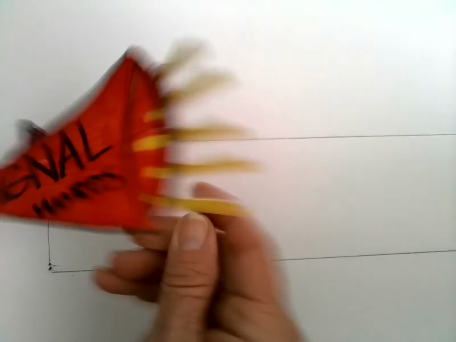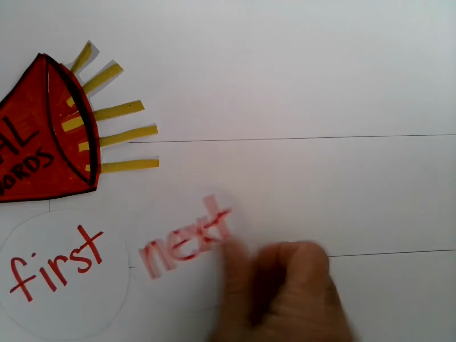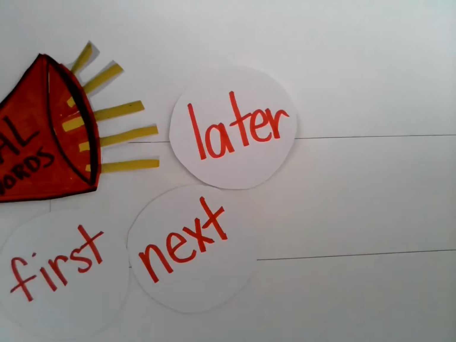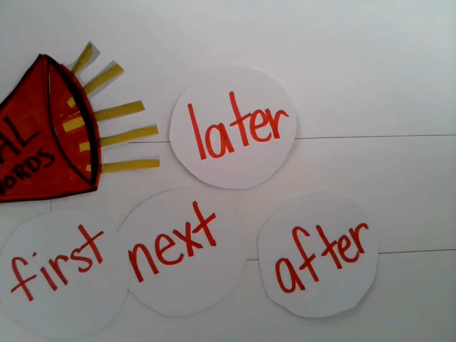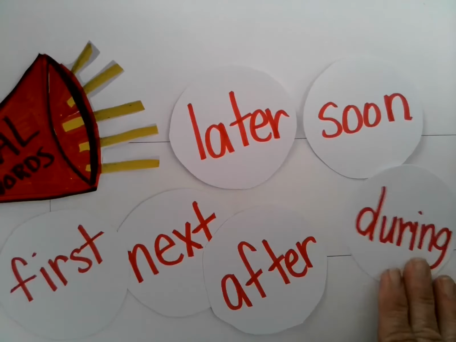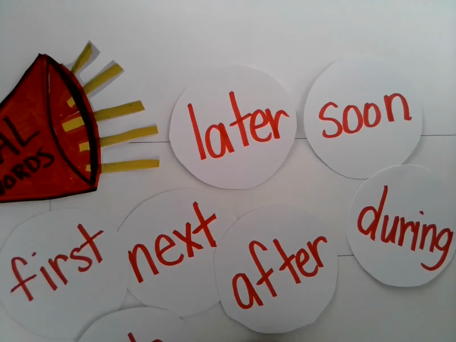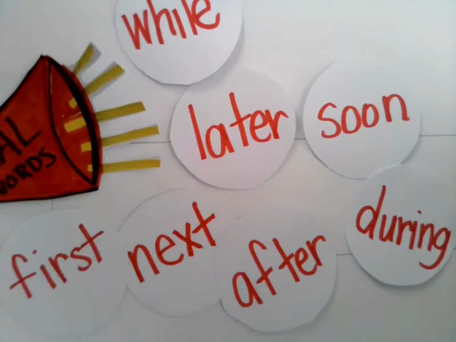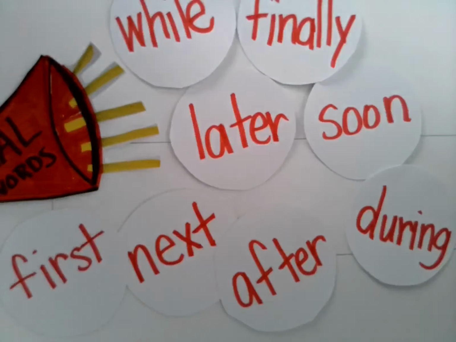Chronological structure has signal words. Now, what are signal words? First, next, later, after, soon, during, while, finally.